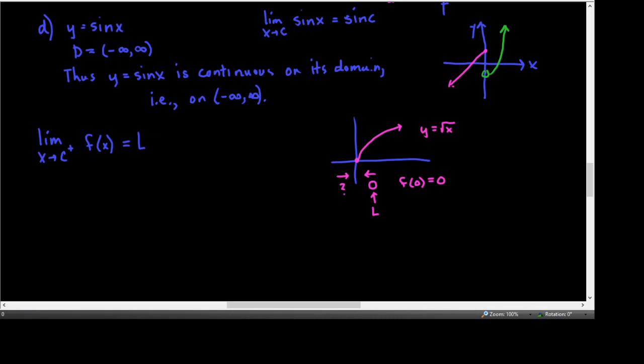So this would be the right-hand limit. Let me write this. Right-hand limit, or limit from the right. Those are the two phrases that are used here. I'll write them both down.